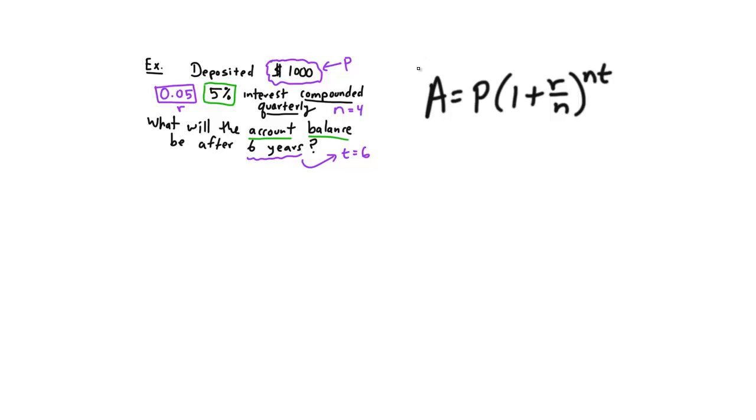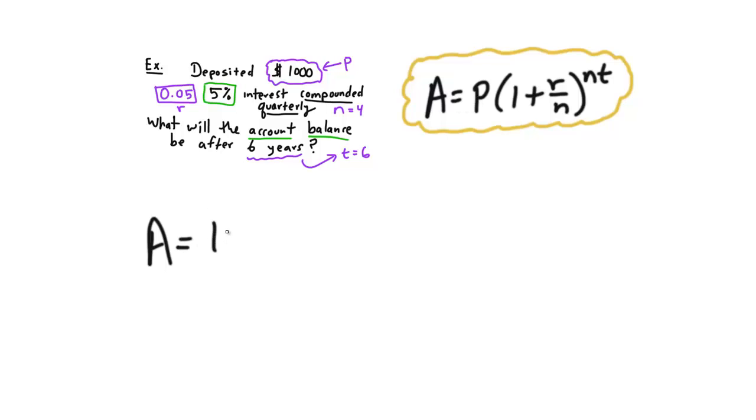Alright, so now we can write down the formula, which is this here, and we can plug in the numbers, right? So A is going to equal P, but P is the 1,000, so let's put that in there.